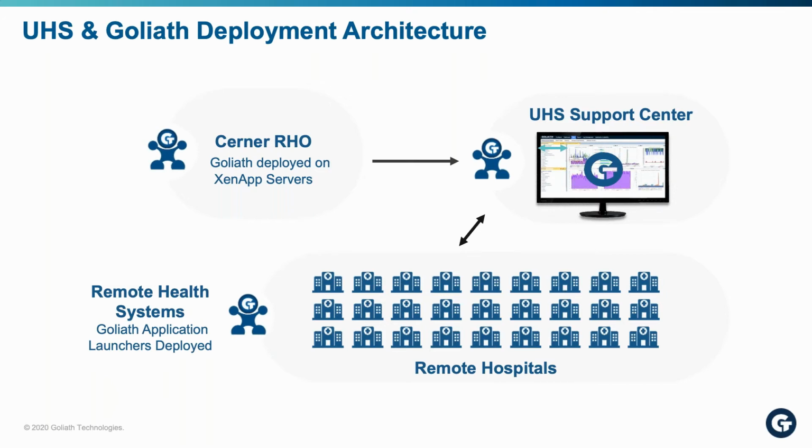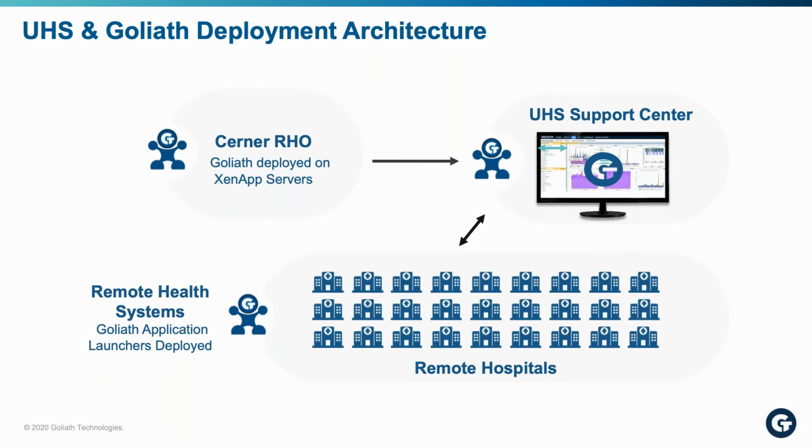They have Cerner RHO, which is a completely remote hosted solution for their EHR application. Goliath is actually the only technology deployed in Cerner RHO to get that end-to-end visibility. There is a support center that is typically deployed on premises in the UHS data center.